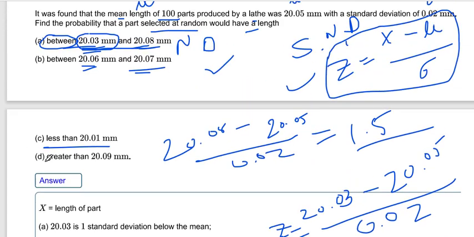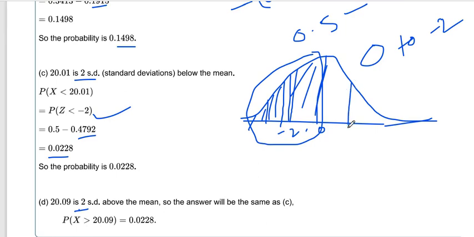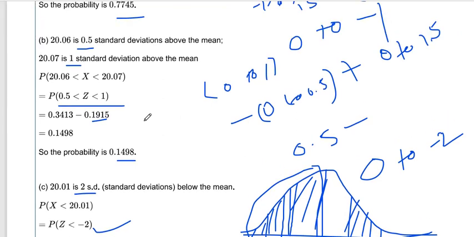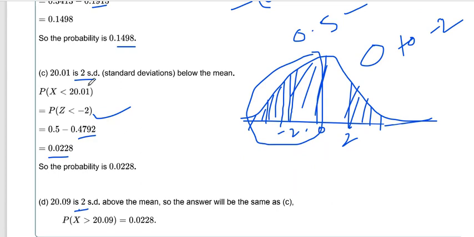Next is greater than 20.09. First of all, convert 20.09 into a standard value, which is 2. So we have to calculate the area above 2. How can we calculate above 2? We already discussed it here. Above 2 and below minus 2 are the same. Why? Because it is a mirror.